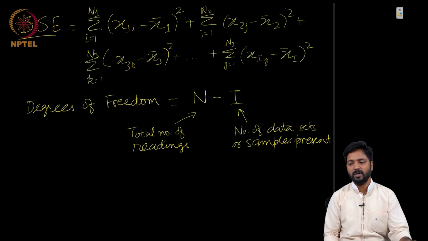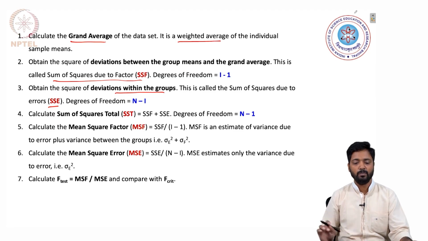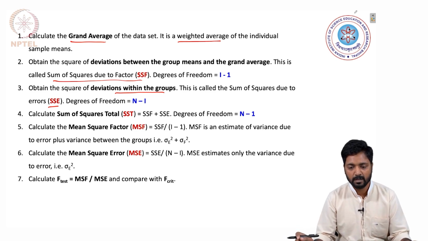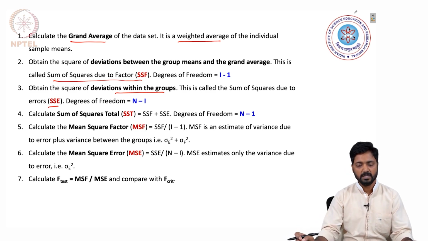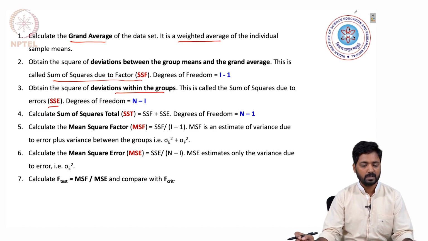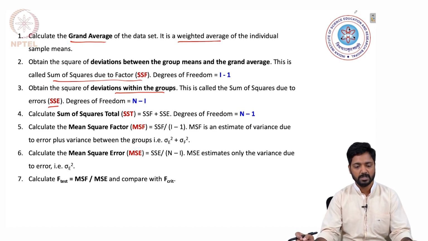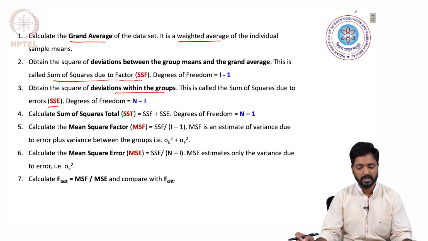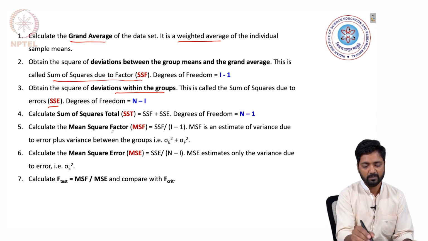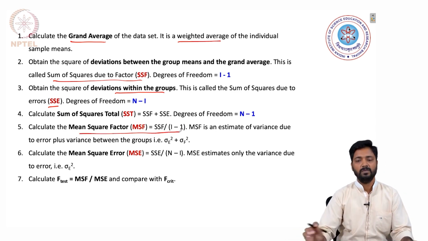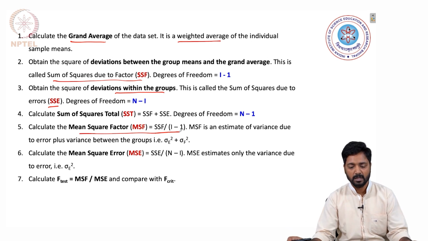So, we calculate the sum of squares due to errors, then in the next step we calculate the mean square values. So, let us again go back to the desktop, and what we see here is that after we calculate the sum of squares due to factors and the sum of squares due to errors, we can calculate the mean square factor, which is nothing but the sum of squares due to factors divided by the degrees of freedom for the SSF.